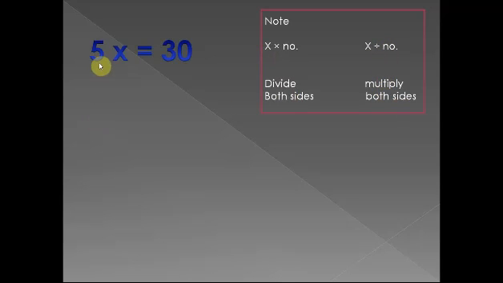Here it's x multiplied by the number, so I should divide both sides by the number next to the variable. I should divide here by 5 and divide the other side by 5. 5 divided by 5 equals 1x, that means x. And 30 divided by 5 equals 6. So x now equals 6.